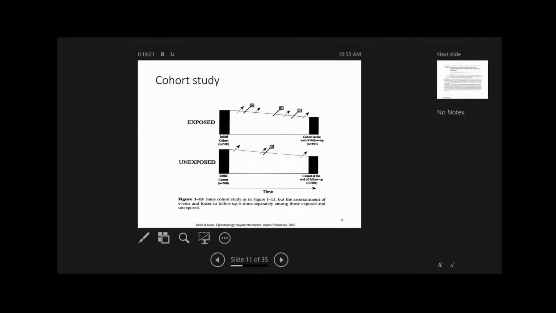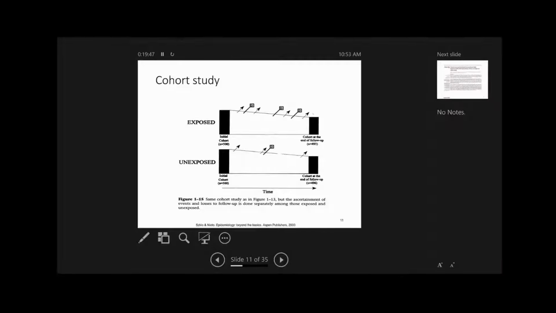But once you've done that, you get the incidence of mesothelioma in the asbestos exposed people as opposed to unexposed people. You will then compute the ratio of the two. You will get something called a risk ratio or a relative risk. And if that risk ratio is large and statistically significant, then we'll say, okay, maybe asbestos exposure is a risk factor for mesothelioma.